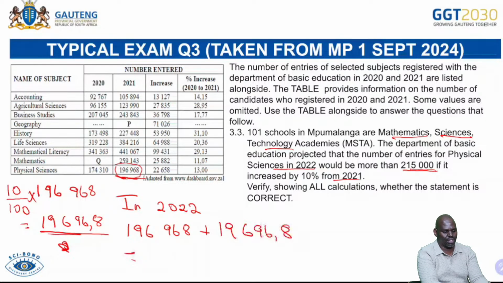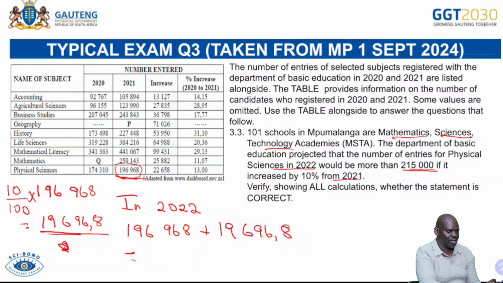So then I'm taking this and adding 196,968 plus 19,696.8.